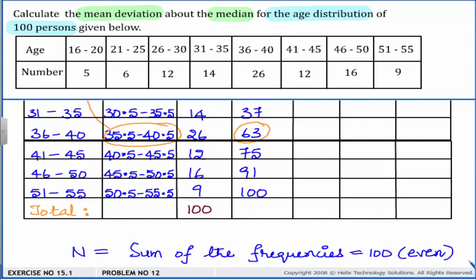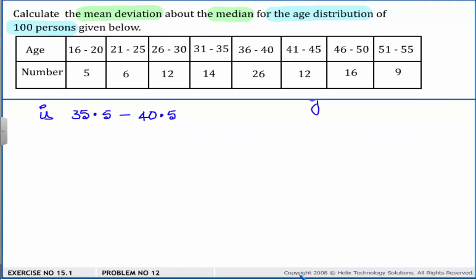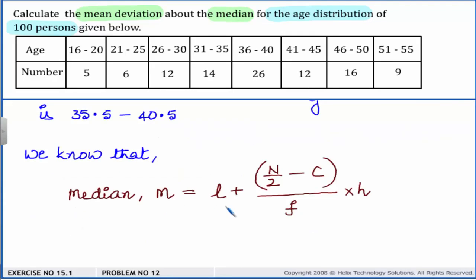The class interval containing 50th observation is 35.5 to 40.5. We know that median m is equal to L plus n by 2 minus c upon f into h.